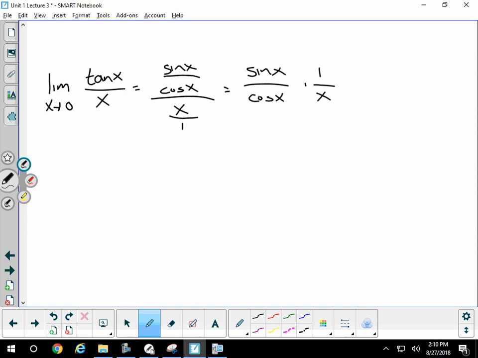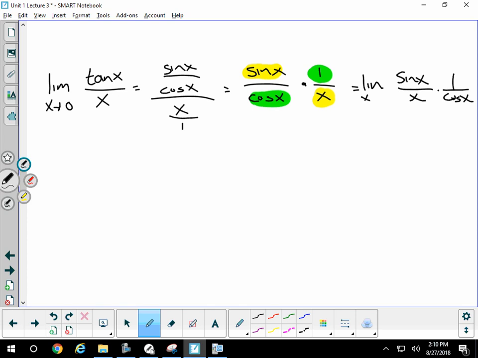So what I can use is my friend Mr. Multiplication, and the fact that since this is all multiplication, I can take this x and multiply the 1 over x by the sine. And then I'll take the cosine and I'll multiply it by this 1. I'll just leave it in the denominator for something else. Turning this into sine x over x times 1 over cos x.